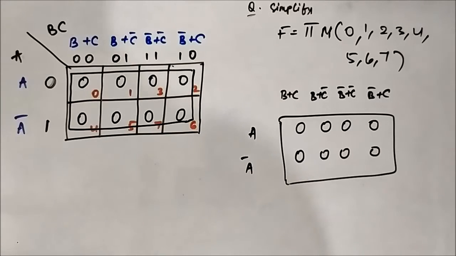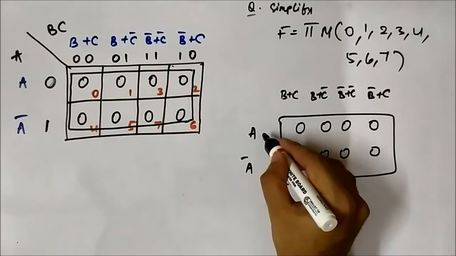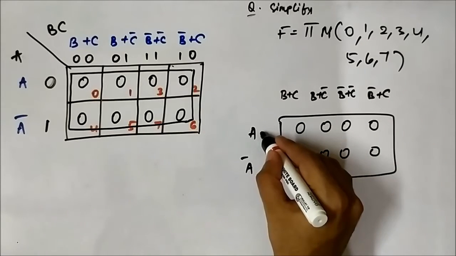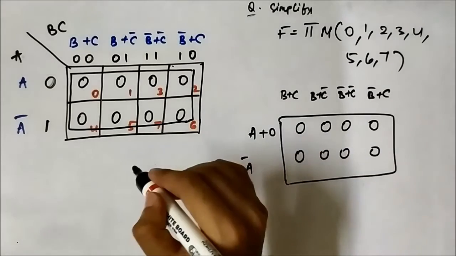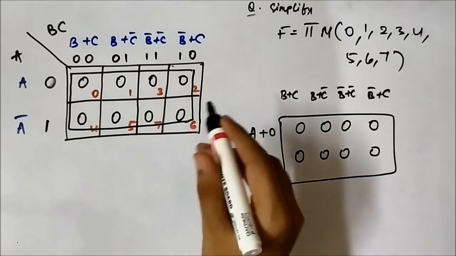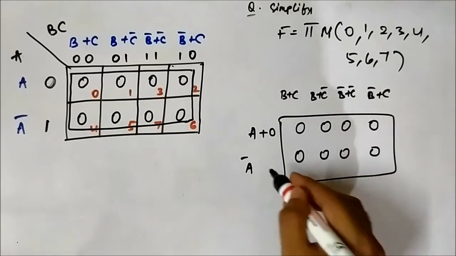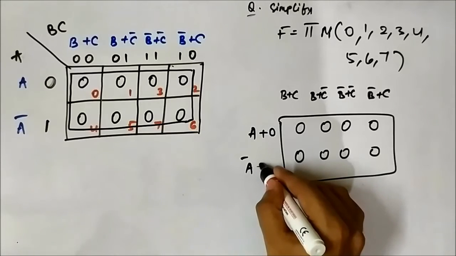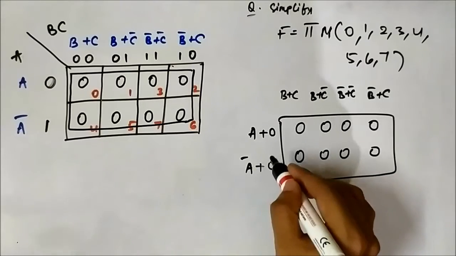So here what you can do is that we can write A as A or 0. It does not change anything. We can also write this as A bar or 0.